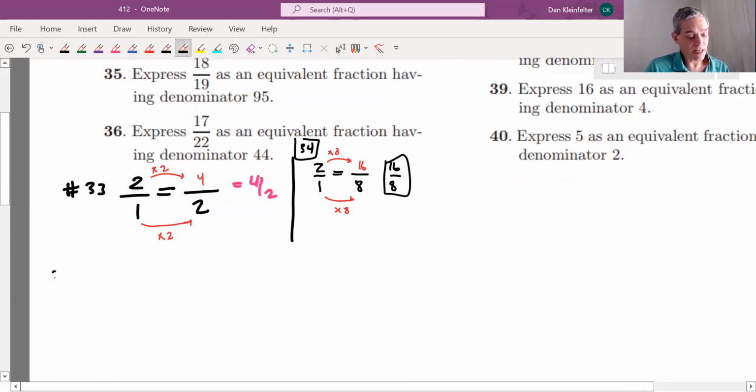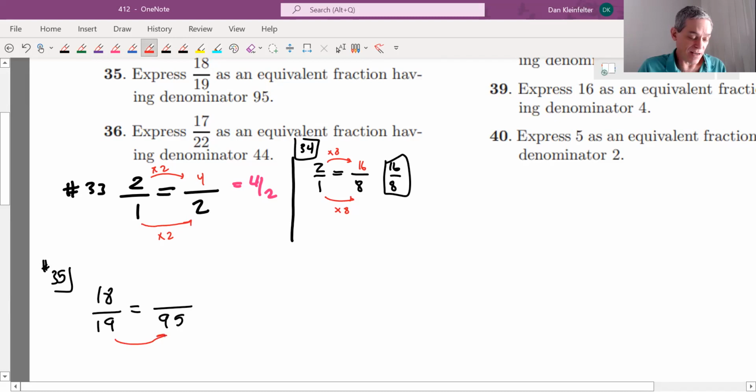We want 18 nineteenths to have a denominator of 95. And that sounds kind of hard maybe at first, but it won't be so bad, I think. So 19 and 95, you're going to want to divide 95 by 19. It's going to turn out to be 5.